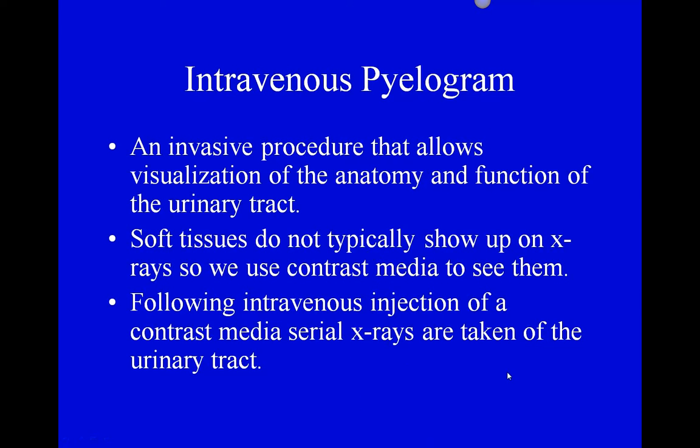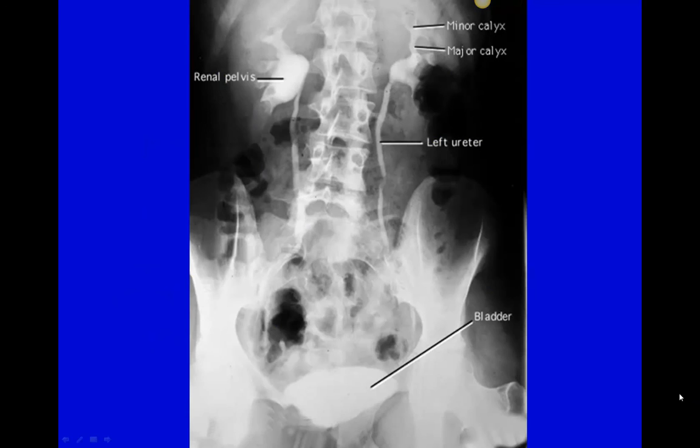So if you read the information on the IVP, it reminds you that soft tissues don't show up very well on x-rays. So we use contrast media. And an IVP is going to use x-rays. We're going to take the person and intravenously inject some dye, some contrast, into their blood vessel, and we're going to follow that through their kidneys, out into their bladder, and then we could do a voiding where they're urinating.